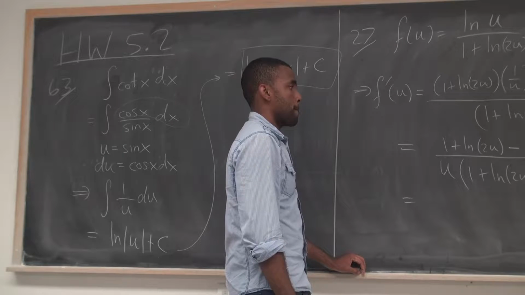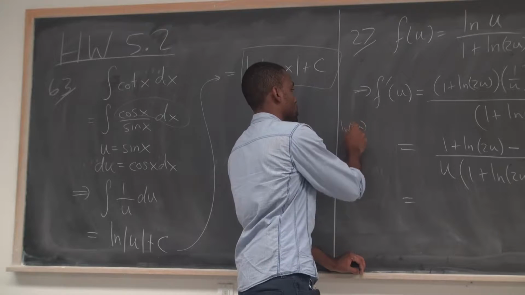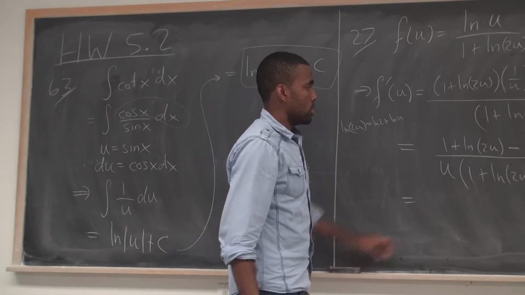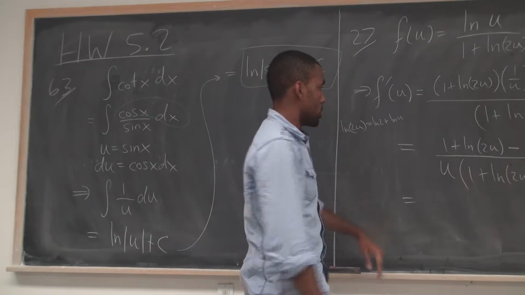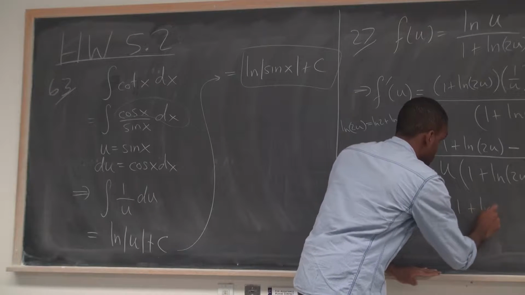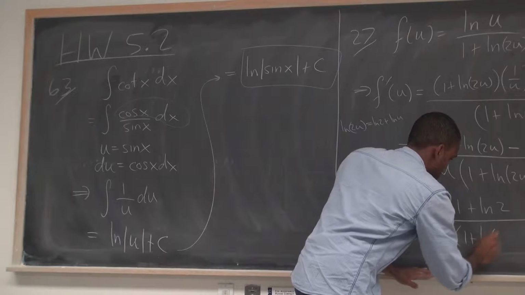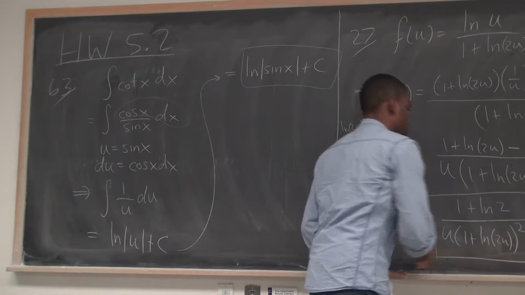How? ln of 2u is ln of 2 plus ln of u. So this guy can split into ln 2 plus ln of u minus ln of u, so the ln of u's cancel, and I'm just left with 1 plus ln 2 over this. So that will be your answer.